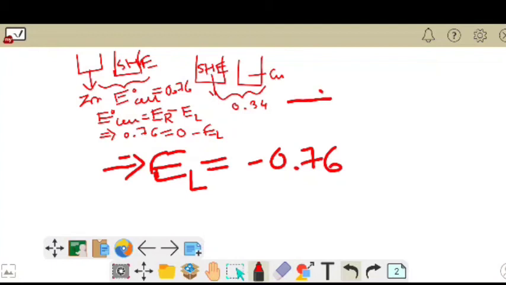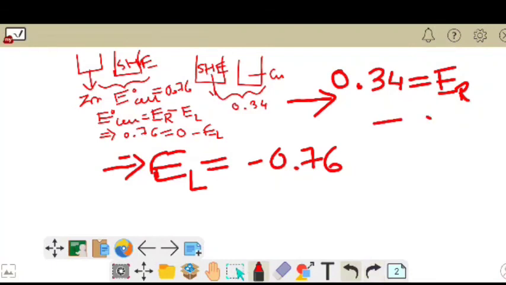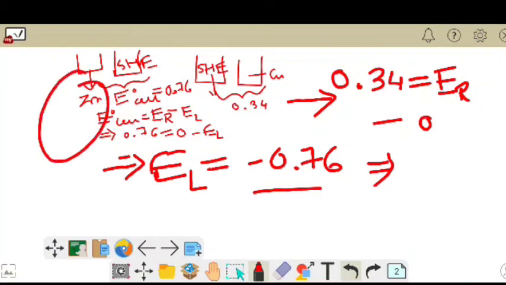Again for this, if you use the same method, 0.34 equals, now your E right is copper, so it will be E right, we don't know the value, minus SHE is 0, so what you will get, E right equals 0.34. So individually we have got that the zinc electrode, or the anode, has a minus 0.76 potential. Obviously this will be negative and this is positive, isn't it?